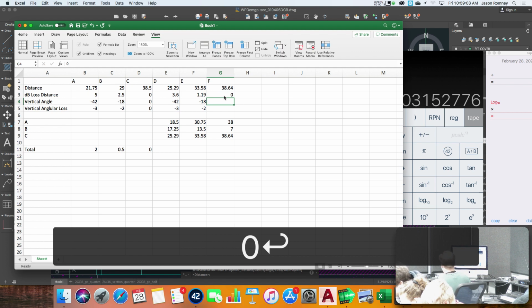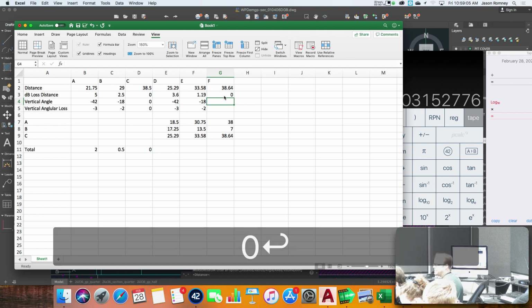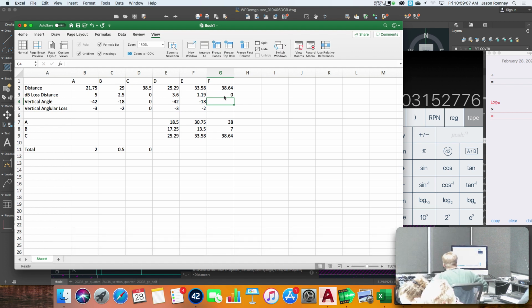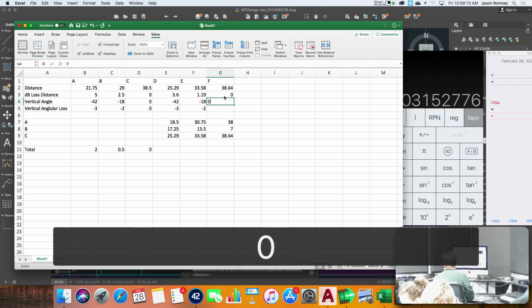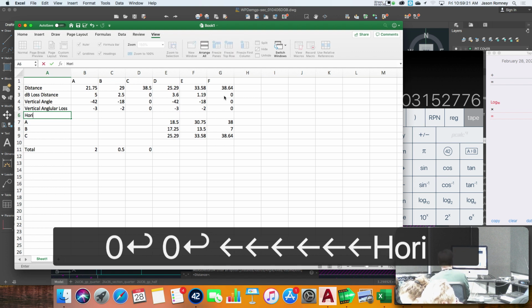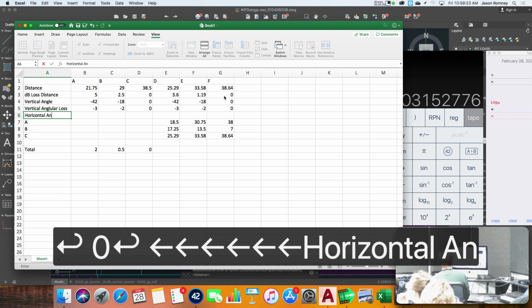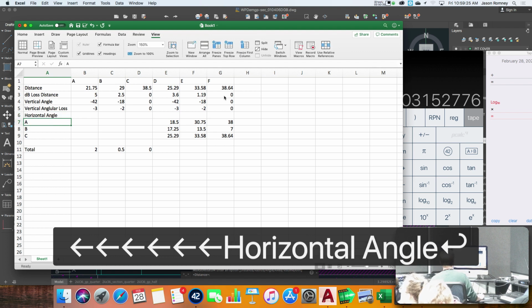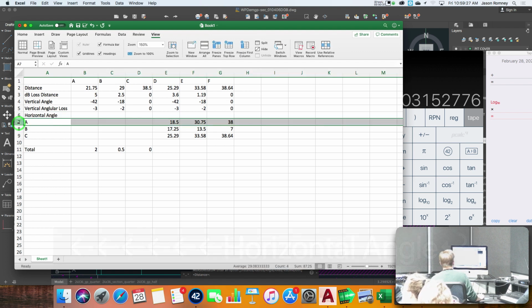So now we can do the angle. We know that that angle is 0 for there. Vertical angle loss is nothing there. But now I need to figure out horizontal angle loss. So horizontal angle, angular loss.